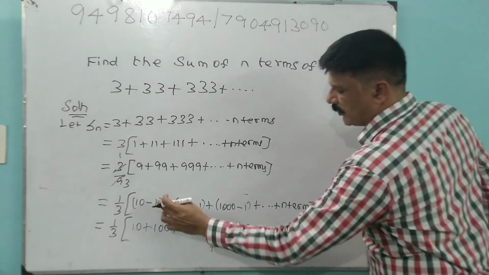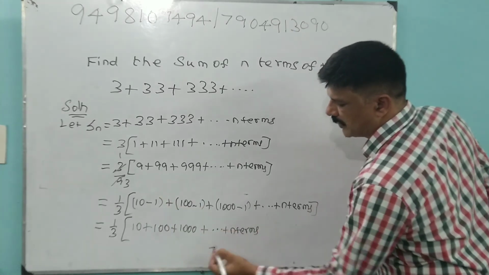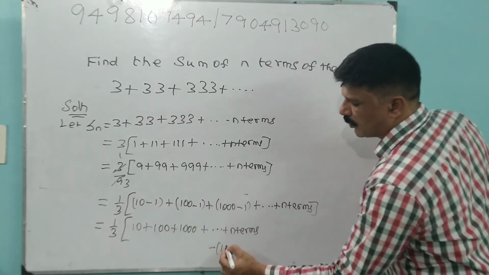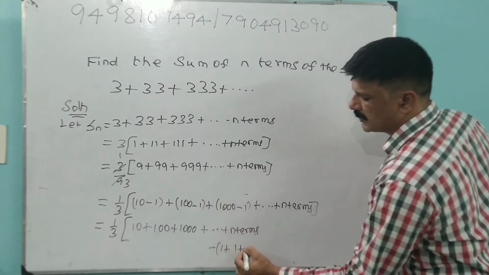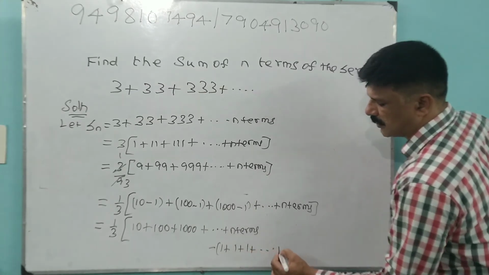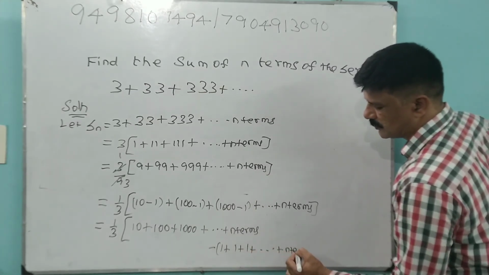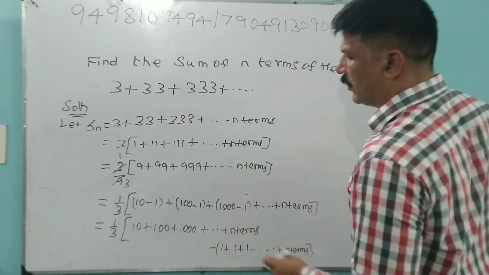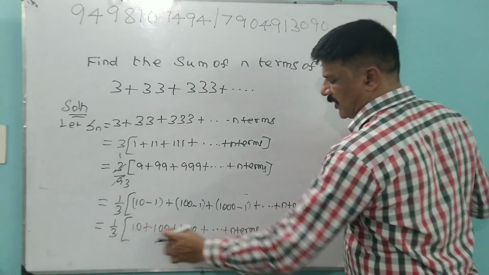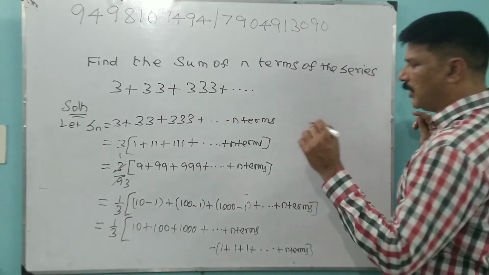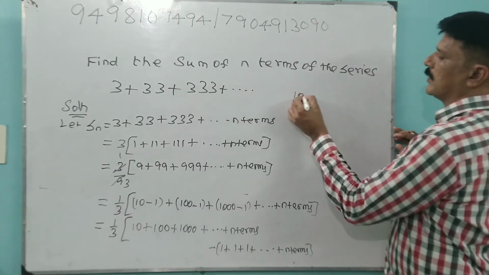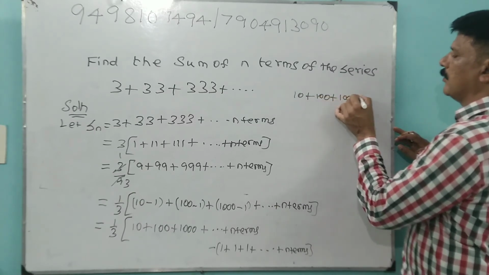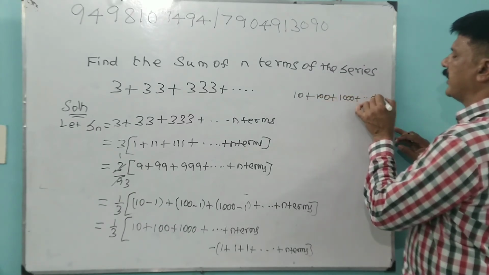Plus, if we take minus as common outside, the inner values are 1 plus 1 plus 1 plus etc., plus n terms. Already we know the first series is a GP: 10 plus 100 plus 1000 plus etc., plus n terms.